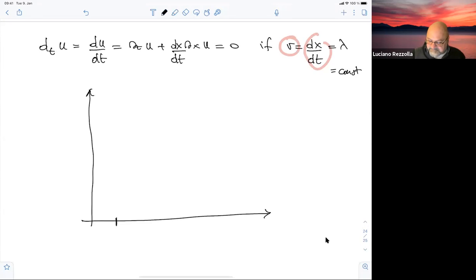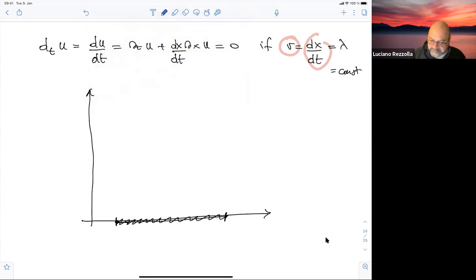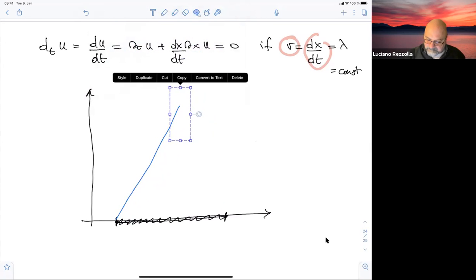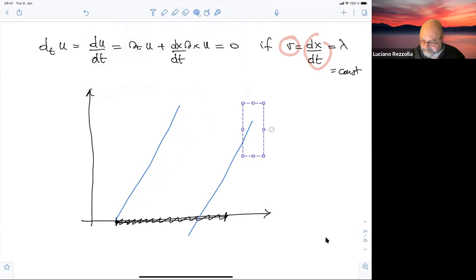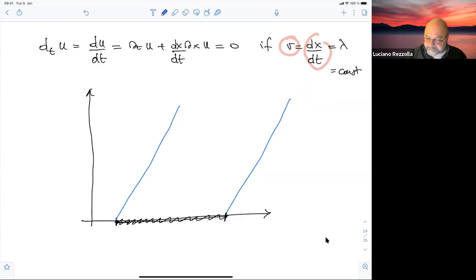And so given an initial solution here, the whole solution will be simply translated in space-time to a new position, and all of these pieces will just be moved from one position to the next.